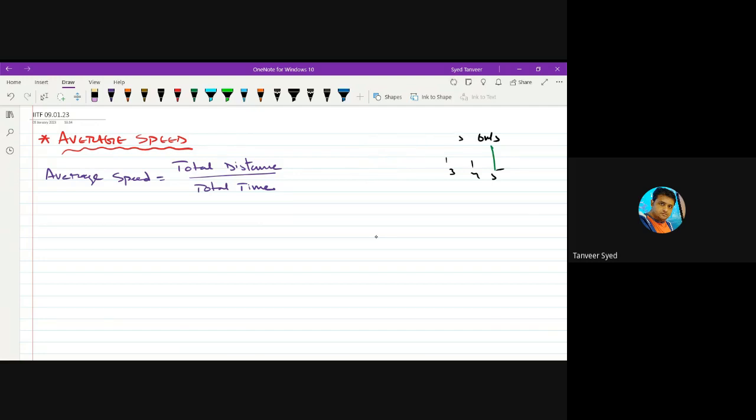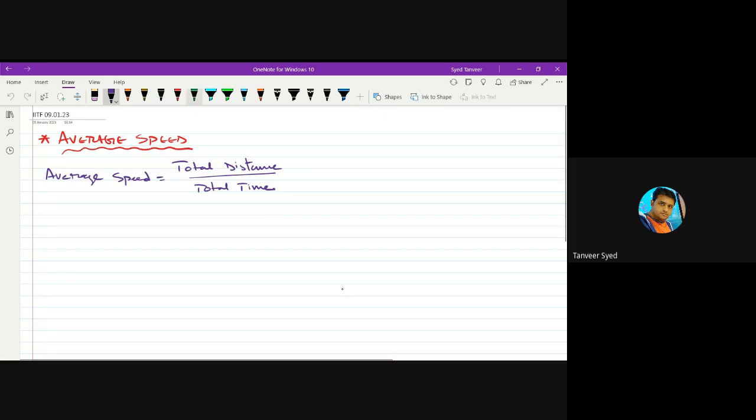The unit is the same, meter per second, because it's speed only. Now, how to calculate this average speed in different situations?